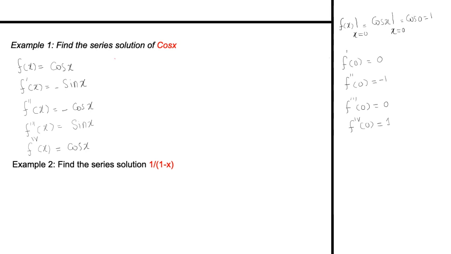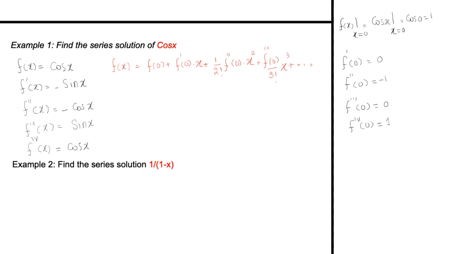So the Maclaurin series can be written in term-wise expansion as f of x equals f of 0 plus f prime 0 into x plus 1 by 2 factorial f double prime 0 into x squared plus f triple prime 0 by 3 factorial x cube and the higher order terms.